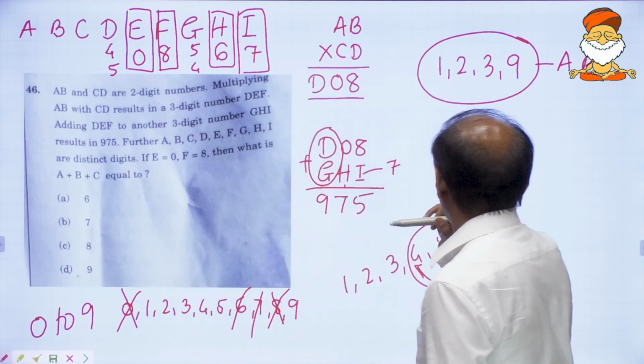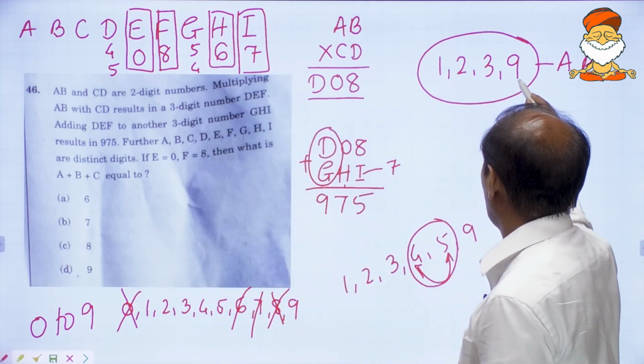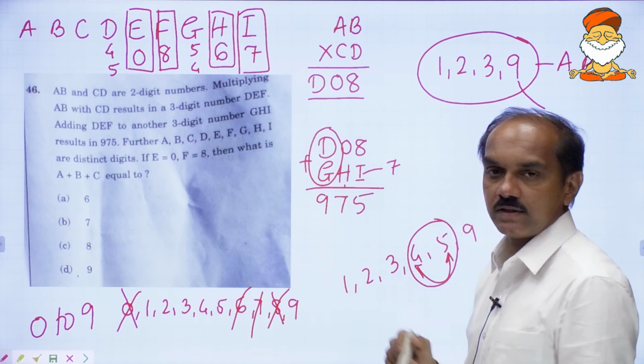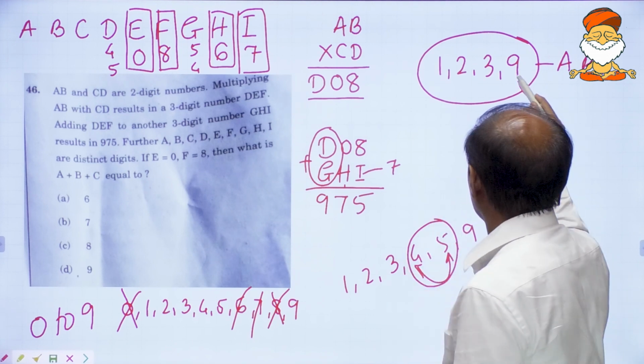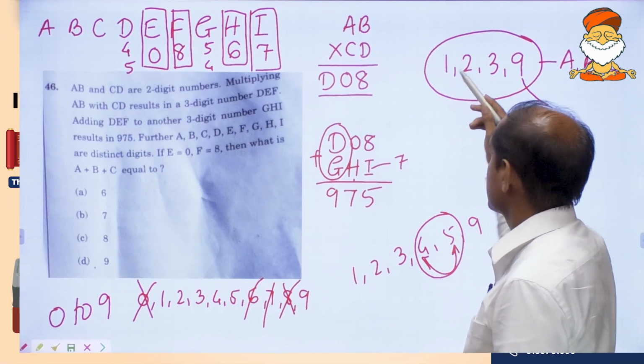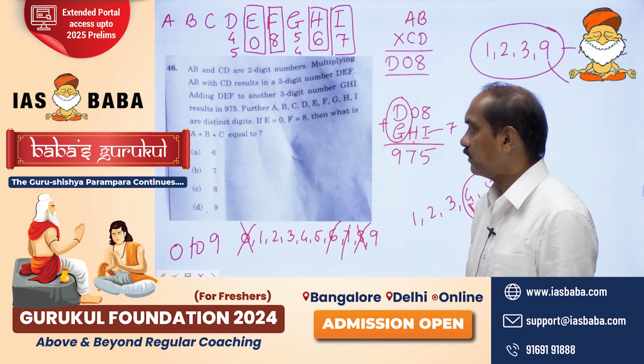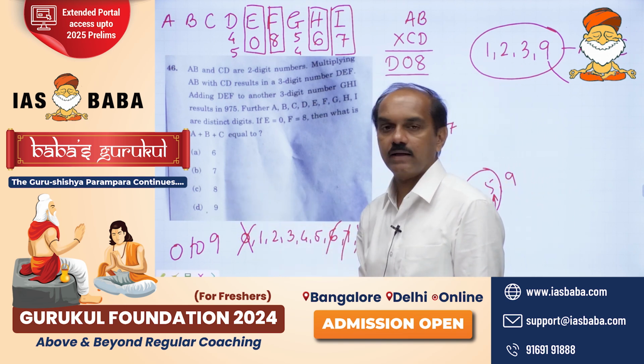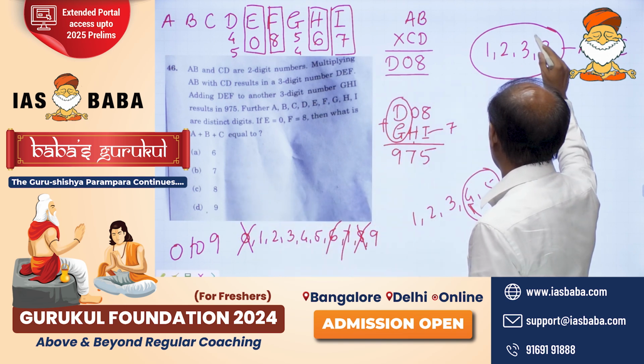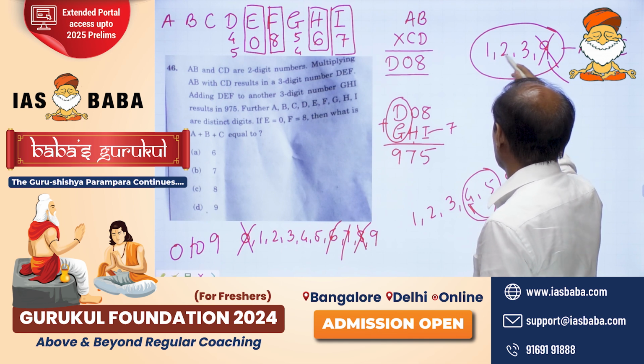And see here, if one of the values is 9, then the sum will surely be more than 10. But here all the options are less than 10. Therefore, straight away 9 is ruled out, meaning 1, 2, 3.